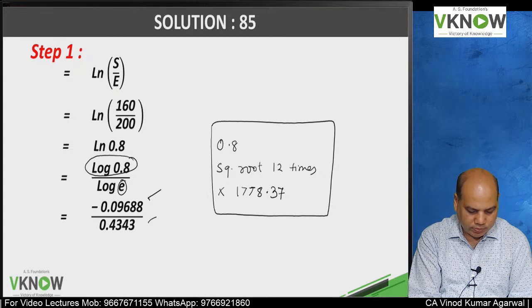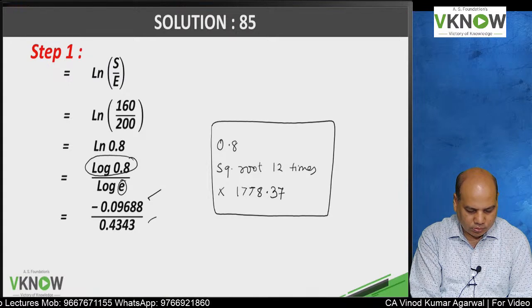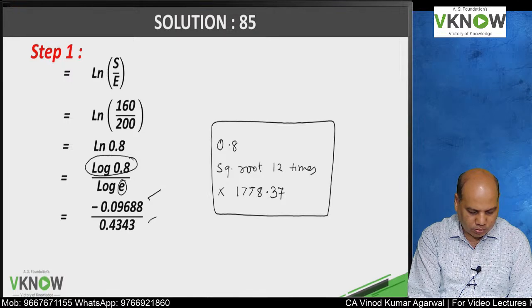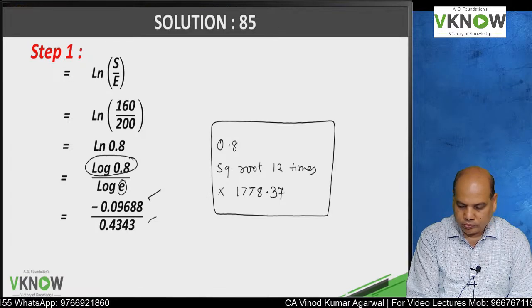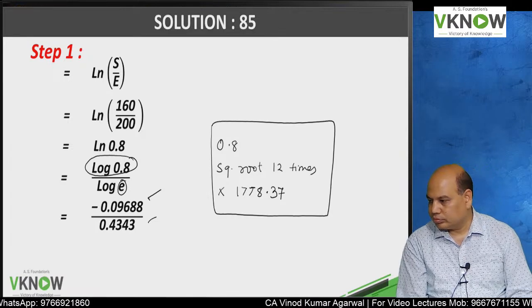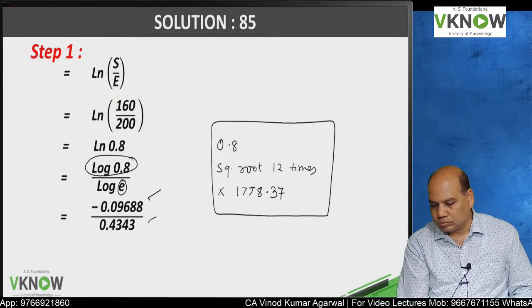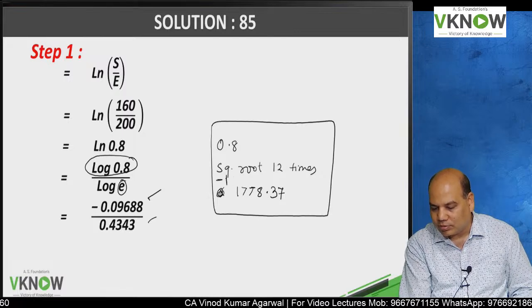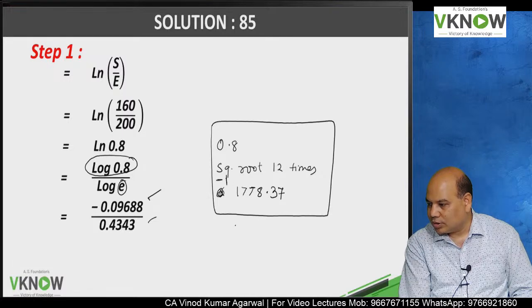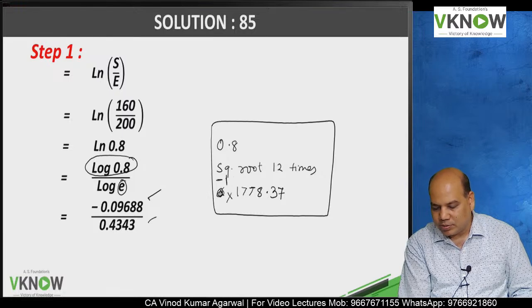Anybody who remembers? 0.8, square root 12 times, then minus 1, then multiply by 1778.37.